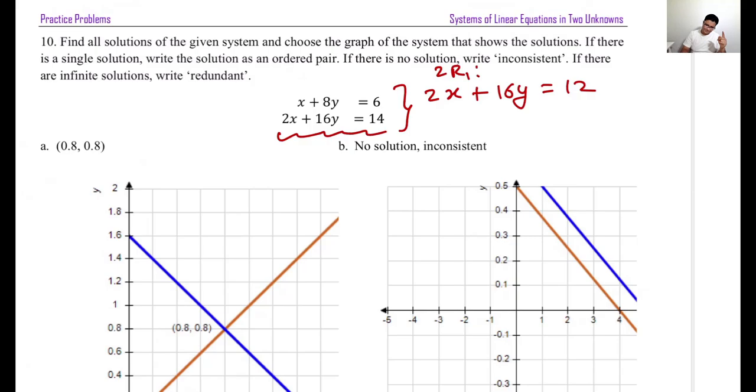And you see that the other row also has the same thing, but the right hand side is 14. So when you subtract, the left side will be completely cancelled, but you will have 12 minus 14 on the right side. So 0 equals something non-zero, and you know the system is inconsistent.